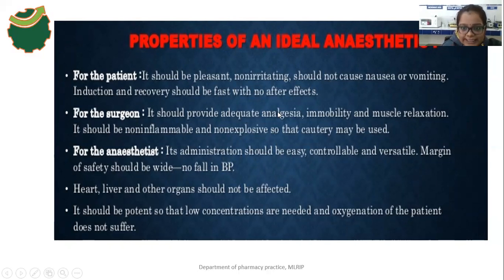It should also provide immobility and muscle relaxation, and it should be non-inflammable and non-explosive, so that cautery may be used.